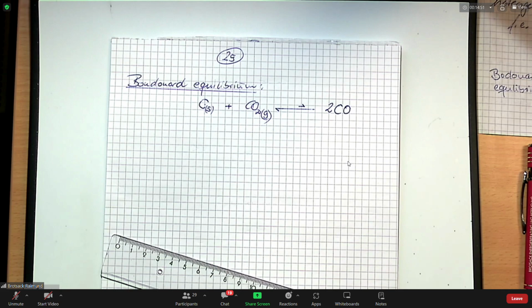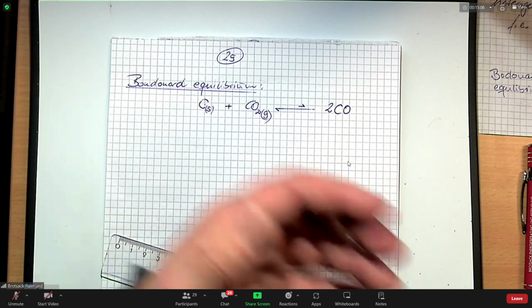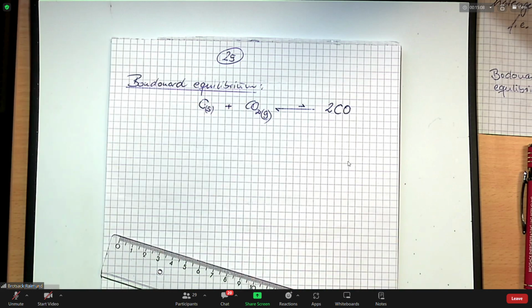It will never react by itself, but when we push it with energy, in this case high temperature, we can of course produce CO from left to right.